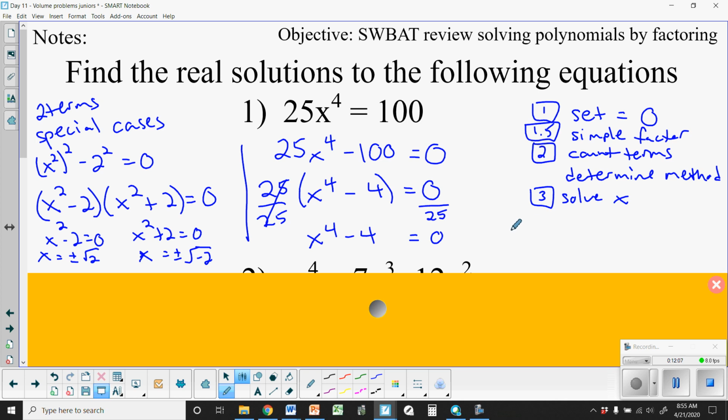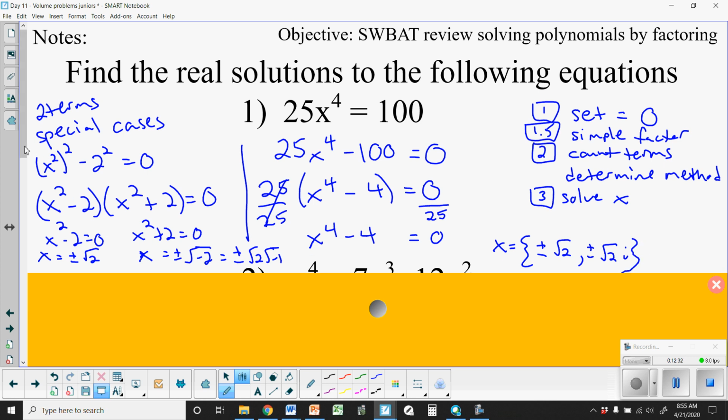So we have x equals, we have our set, plus or minus square root of 2. And then this is actually going to be plus or minus square root of 2 times square root of negative 1, which tells us that that's going to be i. So plus or minus square root of 2 i.